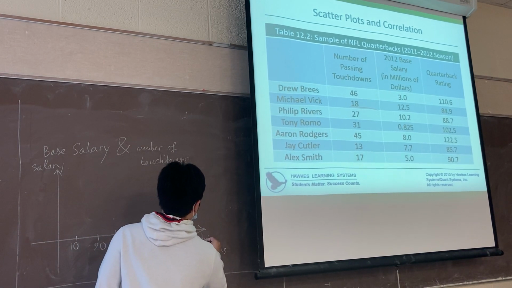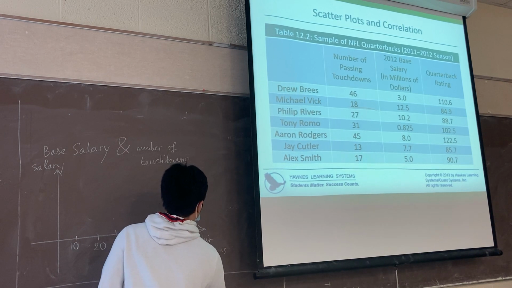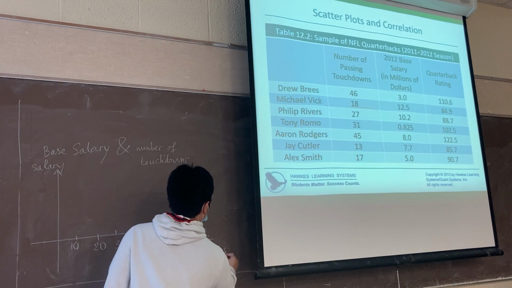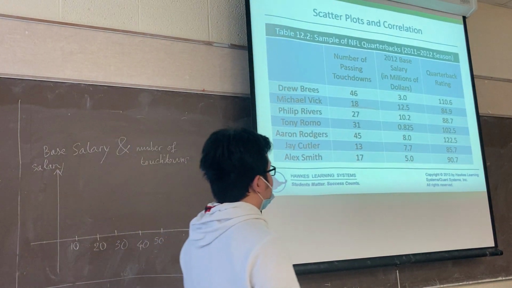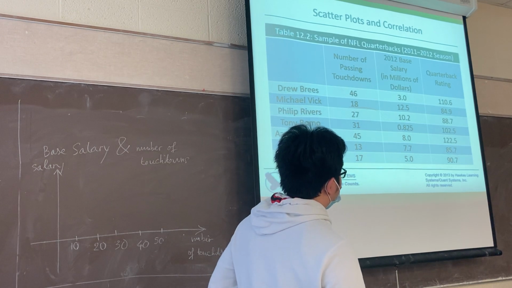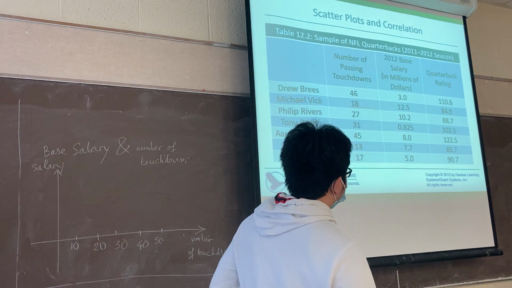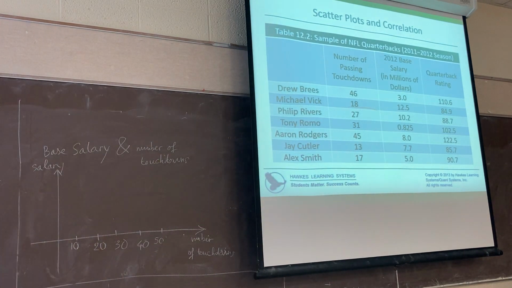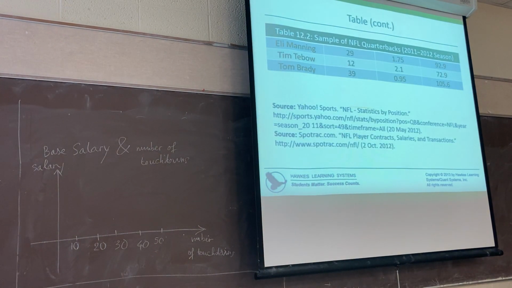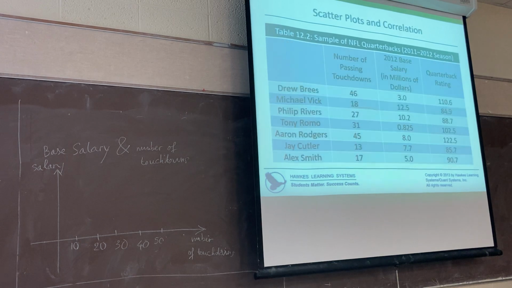Okay, this is the number of touchdowns. And what about salary? So we look at what is the maximum value here. The maximum value here is 12.5, right? And the minimum value here is 0.95. Okay.